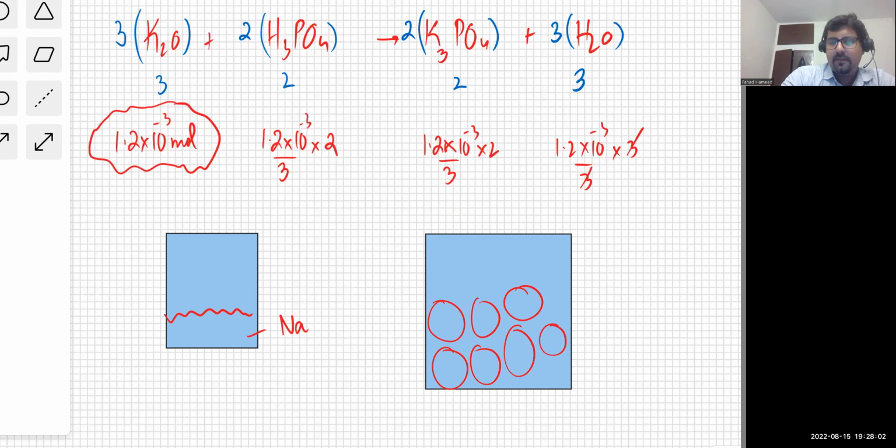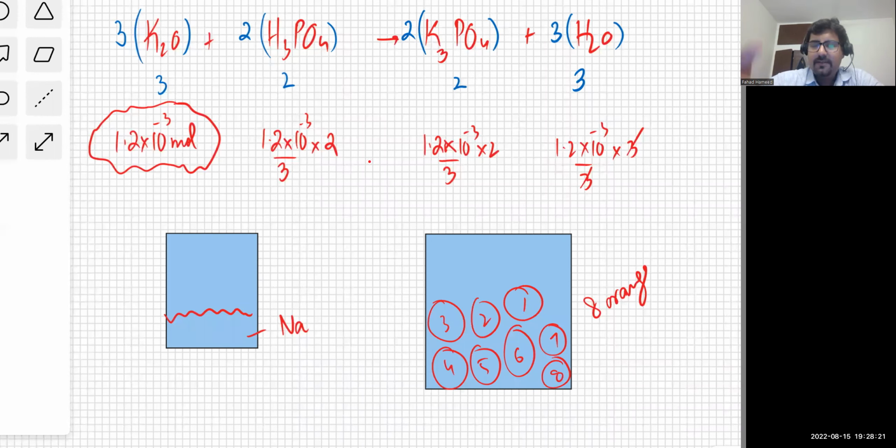So the question is, how do we count stuff? There are many methods of counting. One method is you count one by one. This is the first orange, the second, the third, the fourth, fifth, sixth, seventh, and eighth. So I figured out I've got 8 oranges, right? So that's one way of counting things.